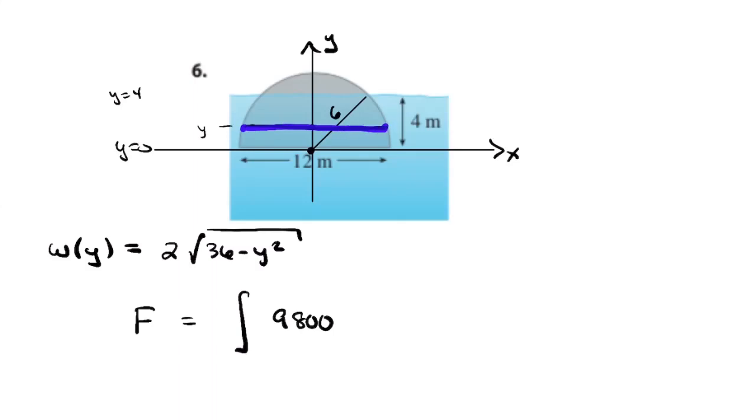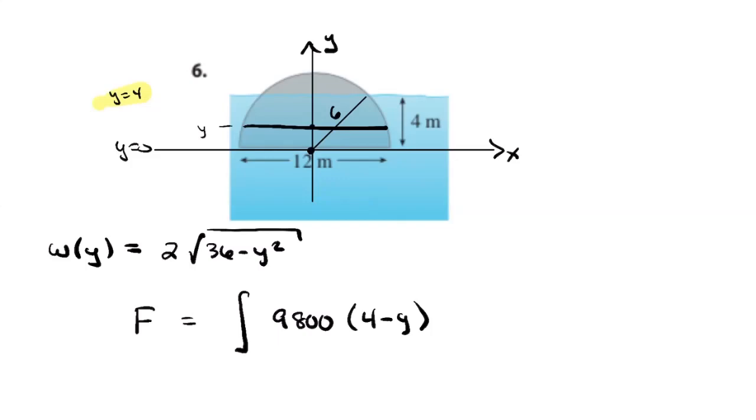Well, what is the y value at the top of the circle here? If y equals 0 is the bottom edge of the semicircle, then the top edge of it must be y equals 4. I've already drawn it on there, right? So what is the depth? The depth is the difference, 4 minus y. 4 is bigger than y. Okay, so that's your depth.